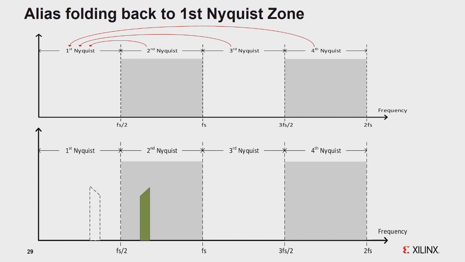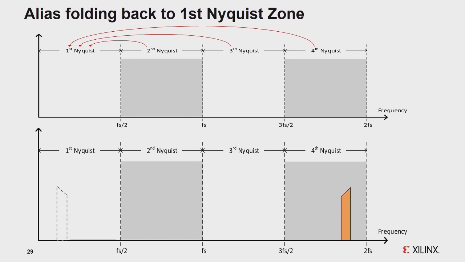Like in the diagram here, Nyquist zones 2 and 3 fall back to Nyquist zone 1. So Nyquist zones 1 and 3 are identical, 2 and 4 are identical, and 1 and 2 mirror each other. Like from zone 4, the highest frequency, falling back to the lower frequency in Nyquist zone 1.